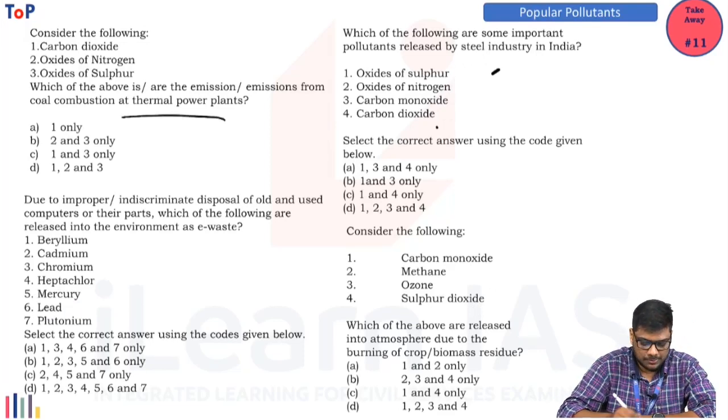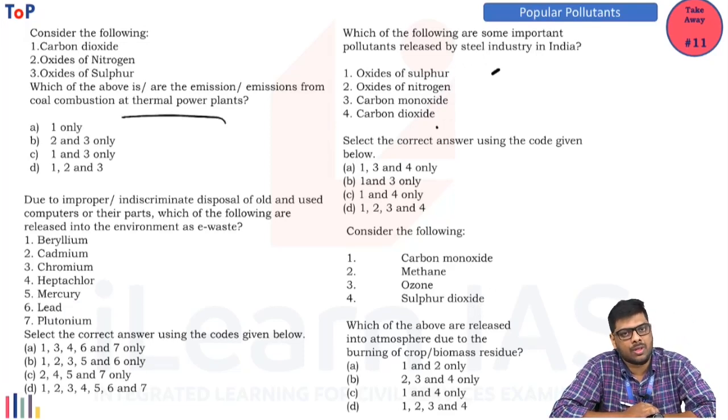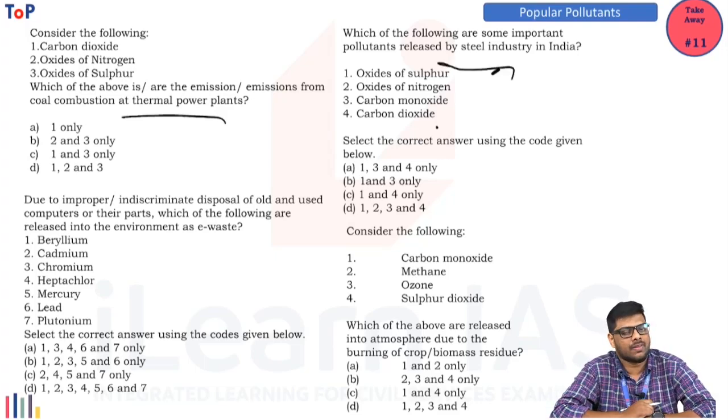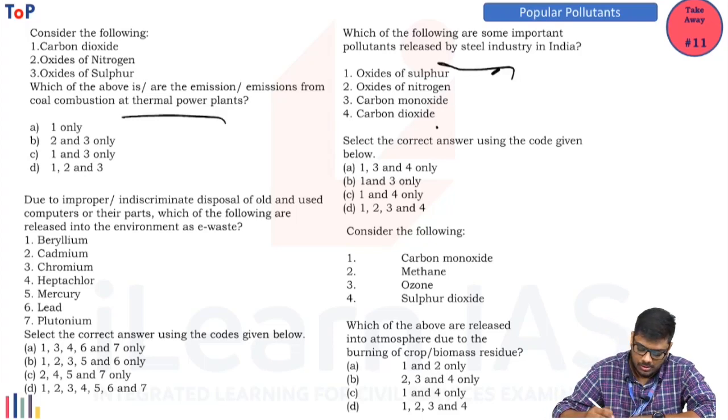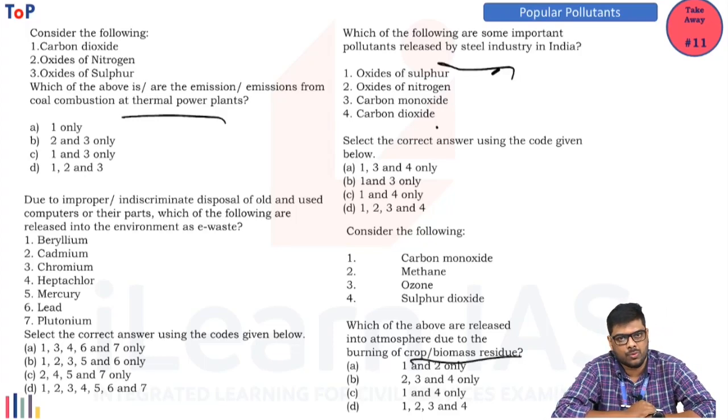See, first one, thermal pollutants. Combustion is happening. What are the gases that can be coming out? Steel industry, combustion happening. What can be the pollutants that can come out? Biomass residue, crop residue, what can be the pollutants that can come out? All these are biomass, right?